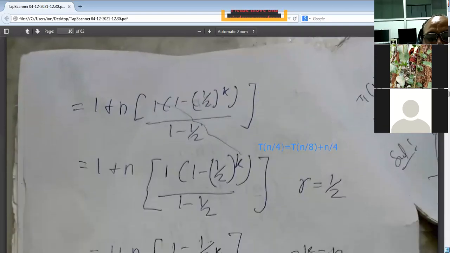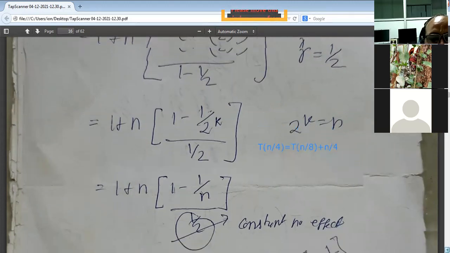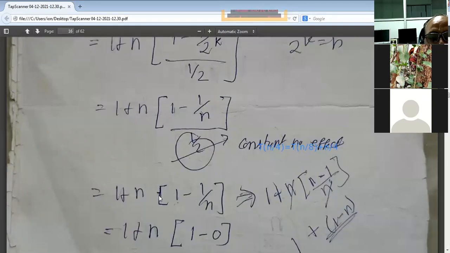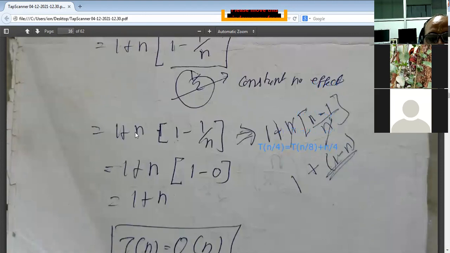So instead of this 2^k, I will keep n, and 1 minus 1/n. And here 1/2 is a constant, so I can neglect that constant. The next thing remaining is 1 plus n, 1 minus 1/n. Now I will open this bracket, so it will become 1 plus n minus n/n. So n/n cancels to 1. So 1 plus n minus 1. So I can write here 1 plus n.